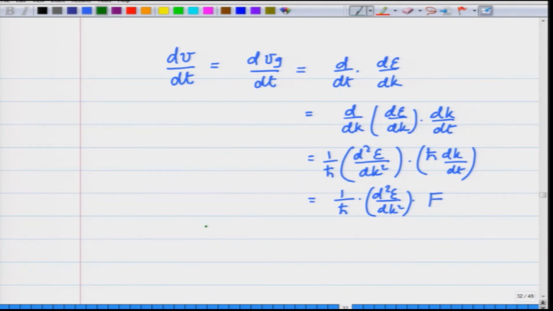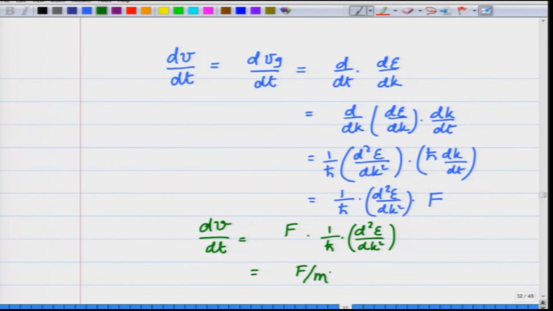So, I see that dV/dt of the particle is f times 1 over h cross d2E by dk square. Compare this with f over m, then you see that m is equivalent to 1 over h cross d2E by dk square, inverse.